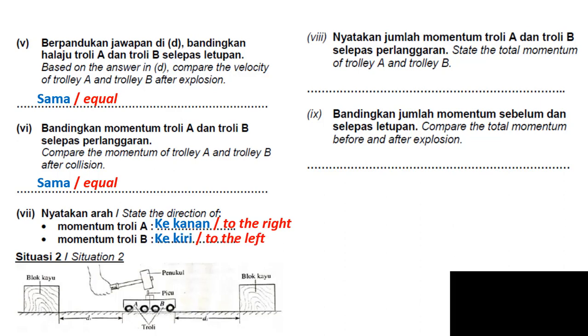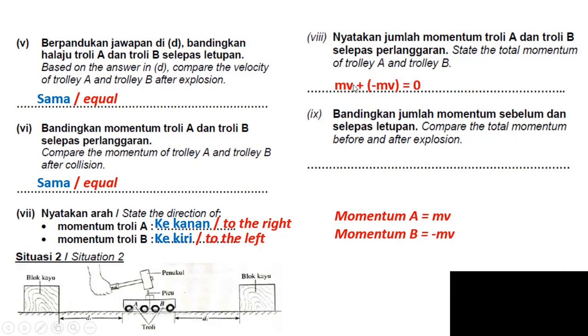State the total momentum of trolley A and trolley B after the explosion. Both have the same magnitude of momentum: momentum A equals mv, momentum B equals minus mv. Minus means opposite direction. Now compare the total momentum before and after explosion.